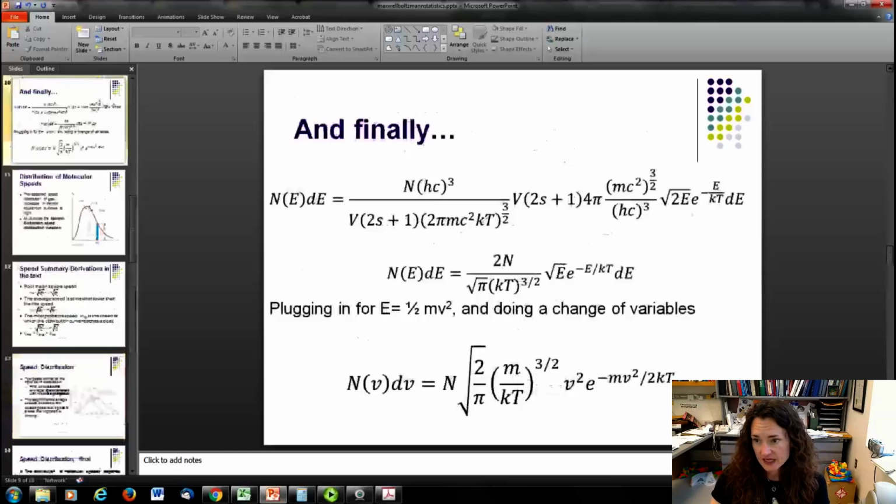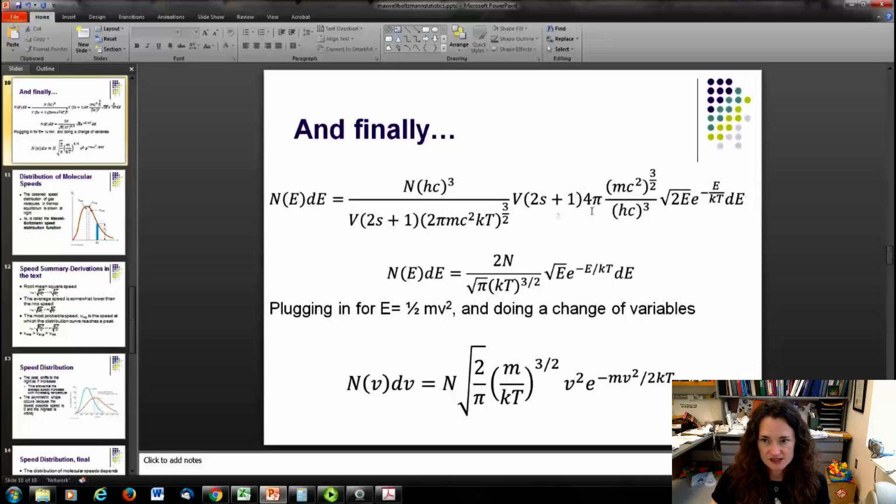Now finally, if I plug that normalization constant into my expression for my number density, I get this mess right here. There are some simplifications that take place, and a lot of things cancel. The mc squareds cancel, the hc cubes cancel, the V and the 2s plus 1 cancel.